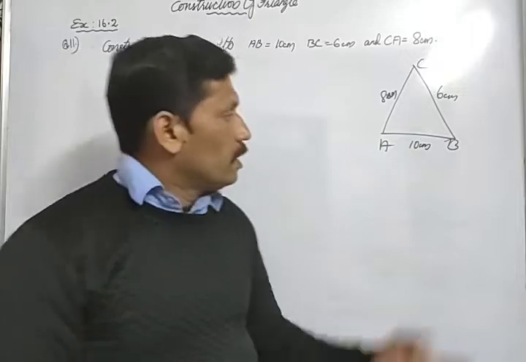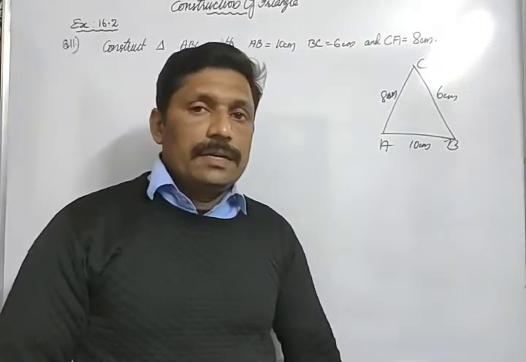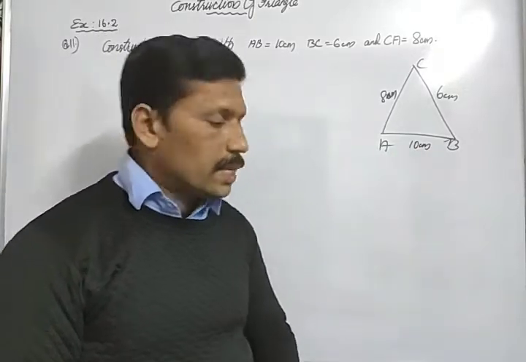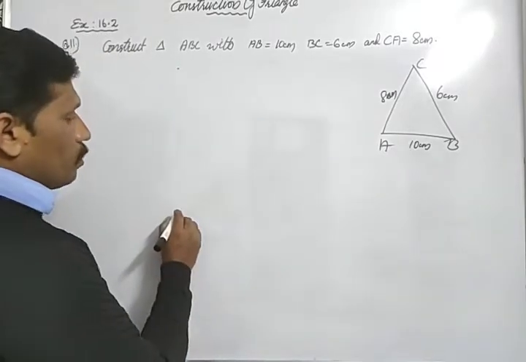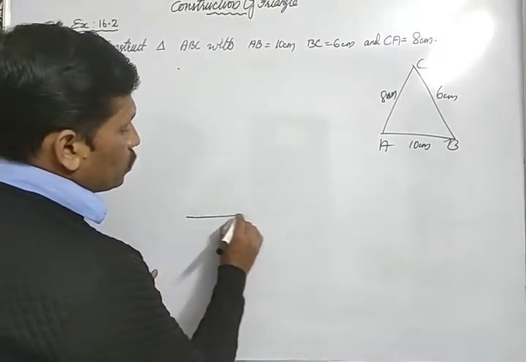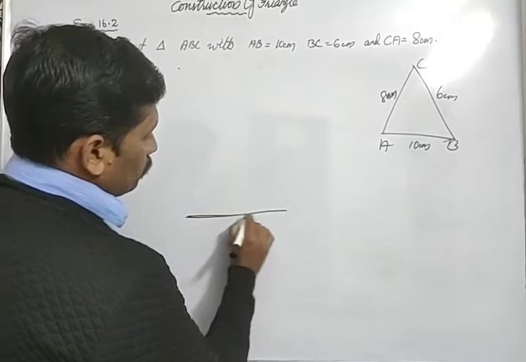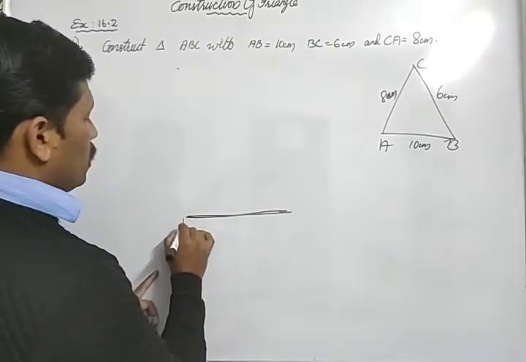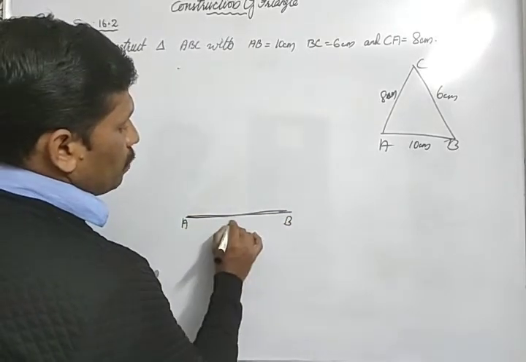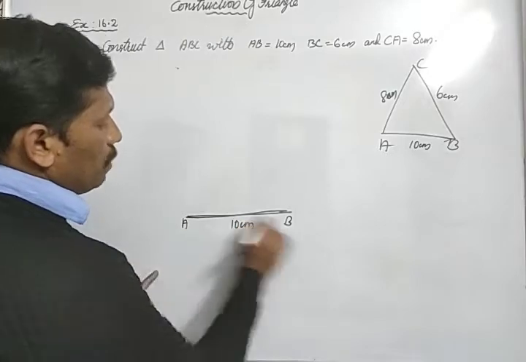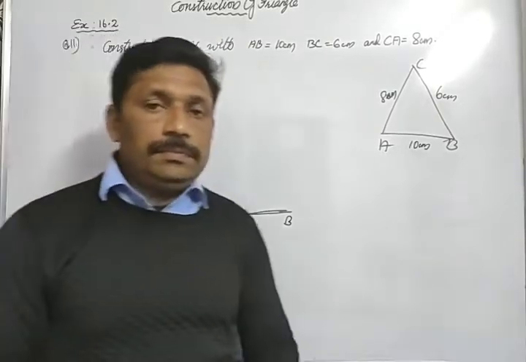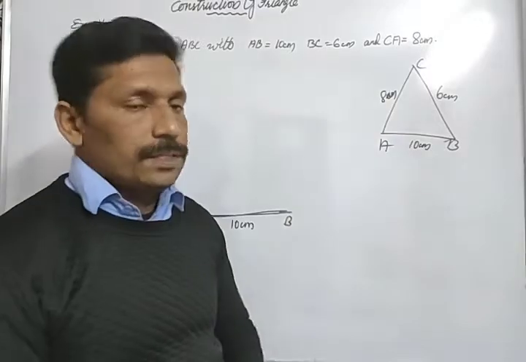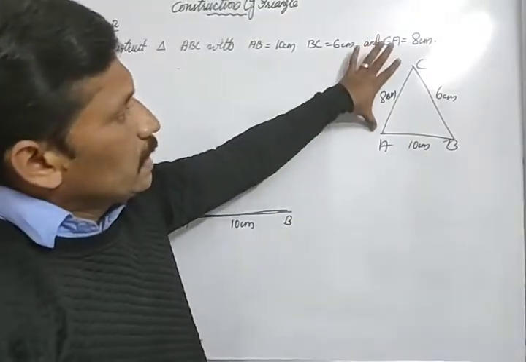First of all, we draw line AB with 10 centimeter using scale and pencil. We draw a straight line here, base AB, of 10 centimeter. Then we can make any of the sides. First we measure AC.